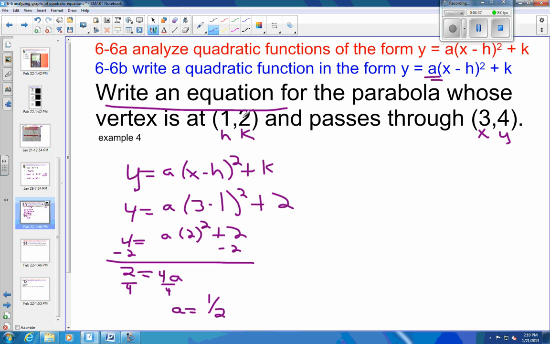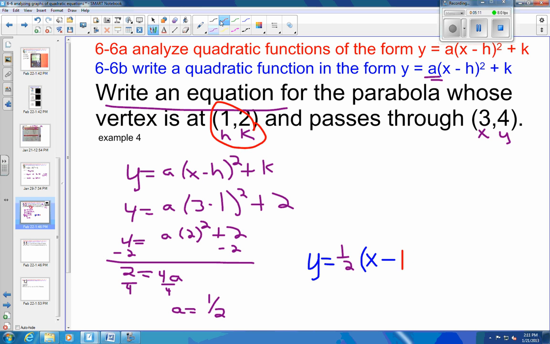We would use the (h, k), and we would use the a. So as our final answer, y is equal to, so here's our h and our k. a is 1/2, so it's 1/2 times parenthesis, x stays x, minus h, which is 1.